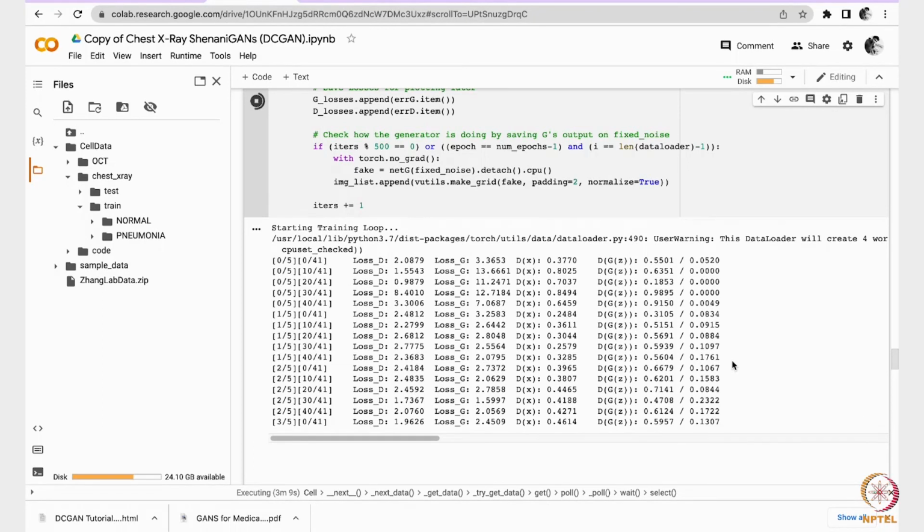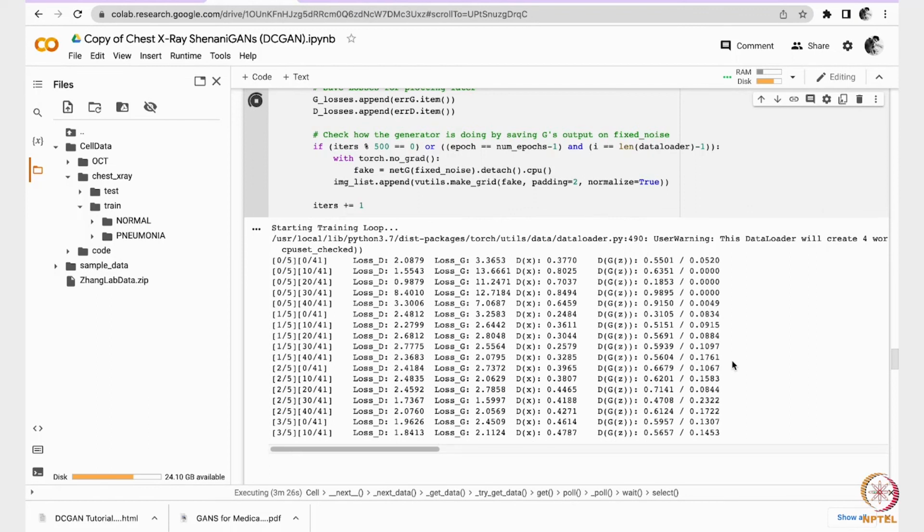By observing these loss values, you just have to make a decision. The fourth epoch is going on. Here I have given the number of epochs as 5 only.